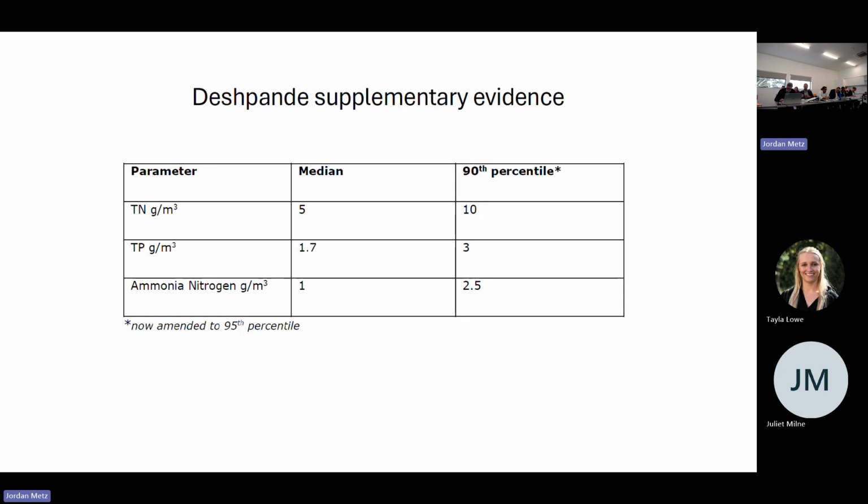The second step would be a more comprehensive understanding of the baseline from a water quality, total nitrogen perspective, and a sampling regime that reflects tidal variation, so little bursts rather than a couple of measurements.